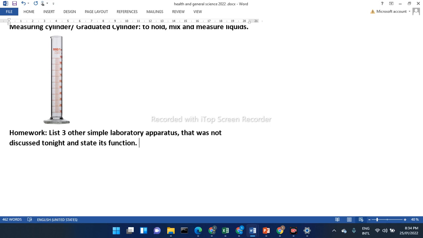If you want to send a picture of it, that's also nice, but send it through my WhatsApp.